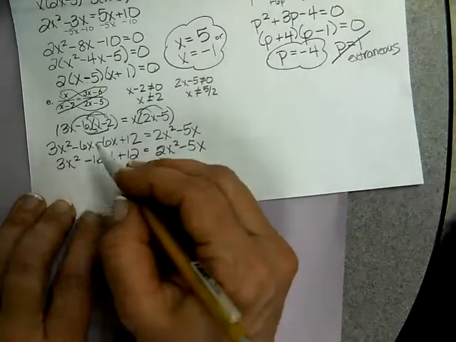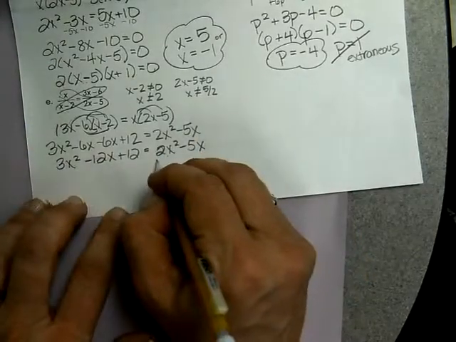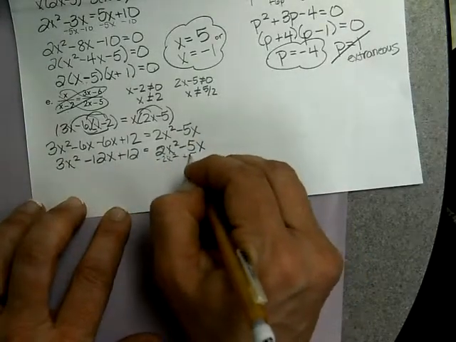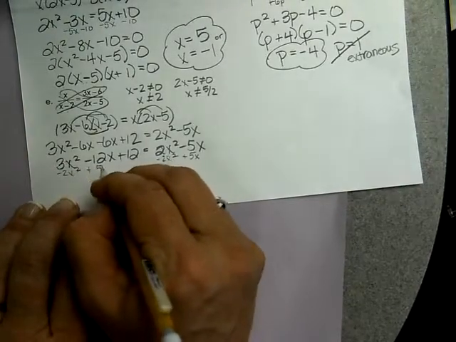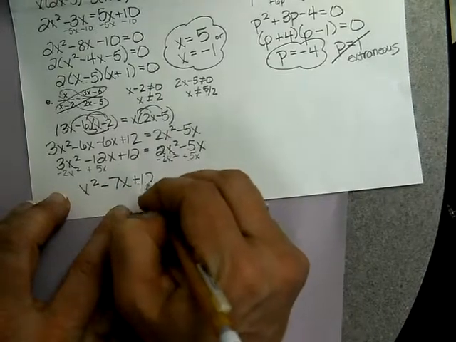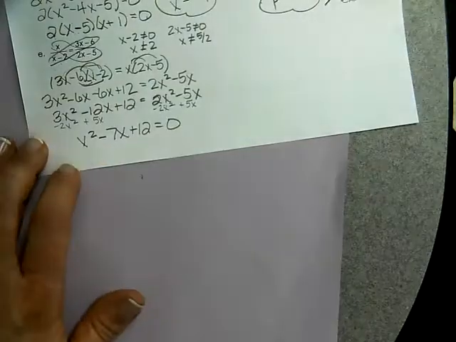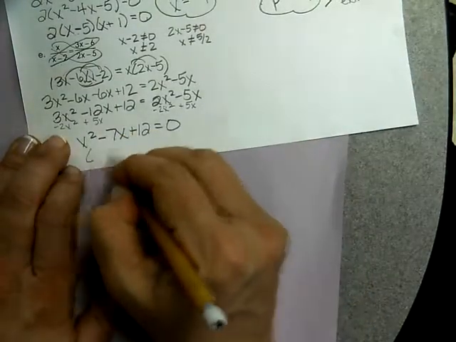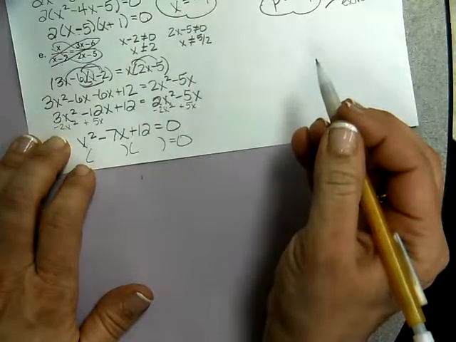So they both have quadratic terms, but this quadratic term is bigger, so I'll move these guys over. Minus 2x squared. All right, so I end up with x squared minus 7x plus 12 equals 0. And there's not a greatest common factor, so I can try to factor by double bubble.